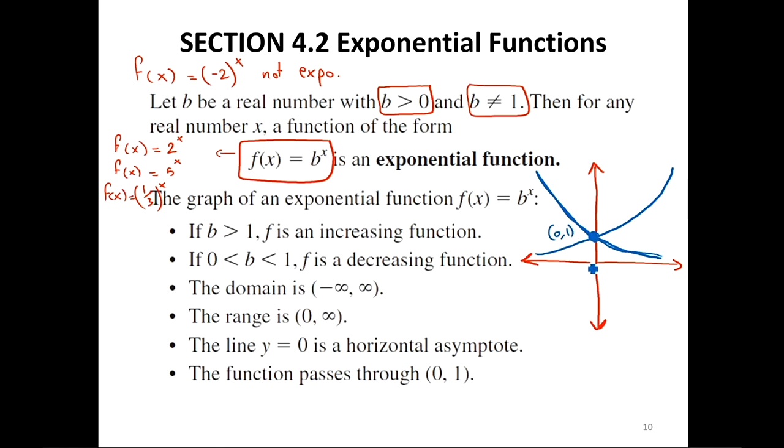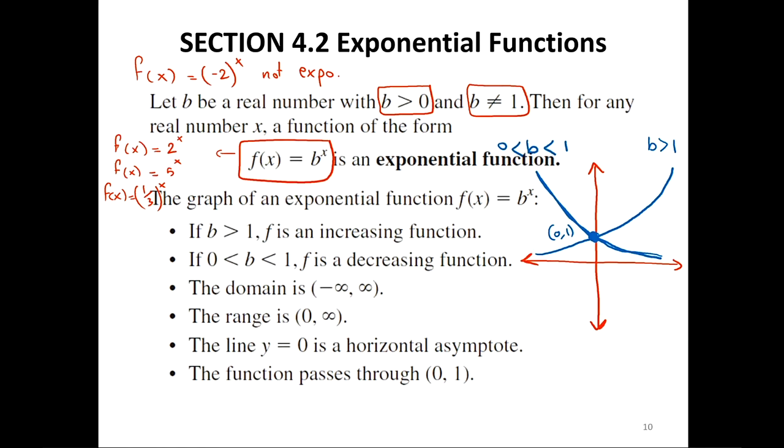Okay. If the exponential function is increasing, then the b must be greater than 1. For example, 2 to the power x or 5 to the power x. If the exponential function is decreasing, then the b must be between 0 and 1, but not equal 0 and not equal 1, but positive.